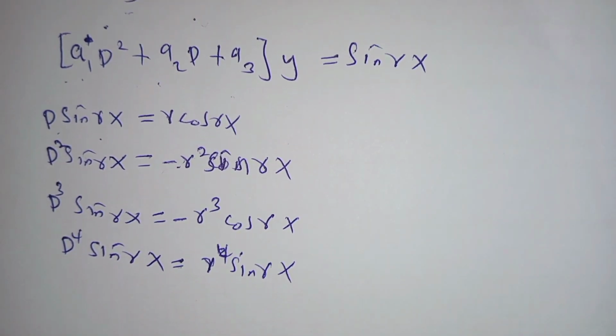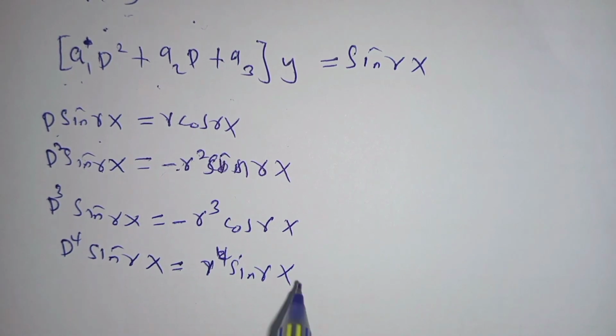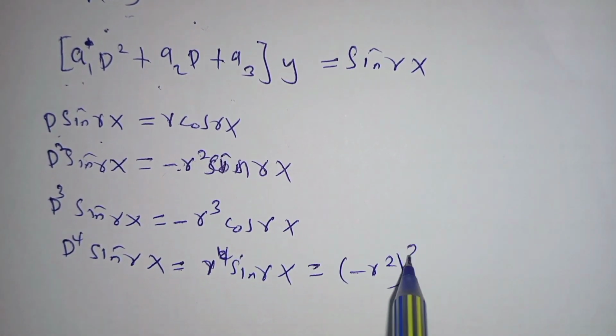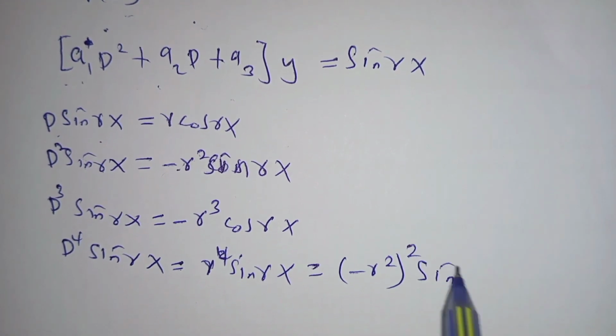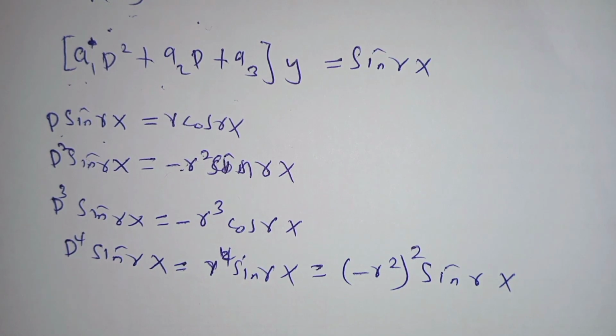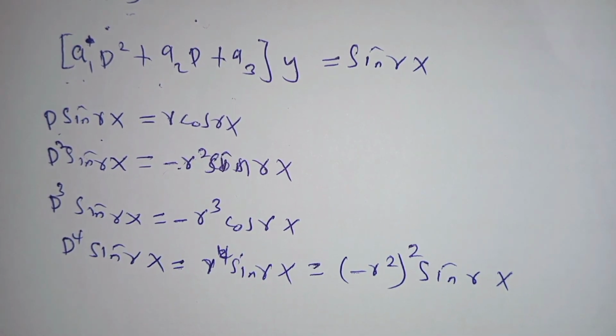When you differentiate it 4 times, it can be written as negative r squared, you square this, sine of rx. So that is the value we obtain.